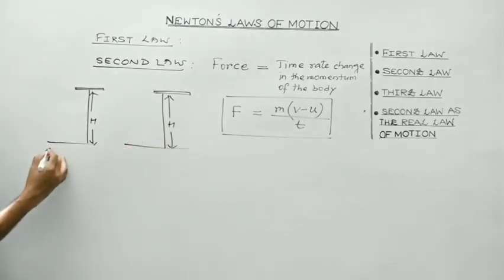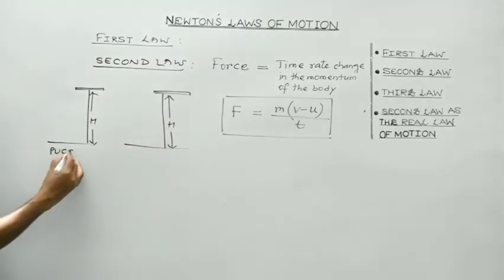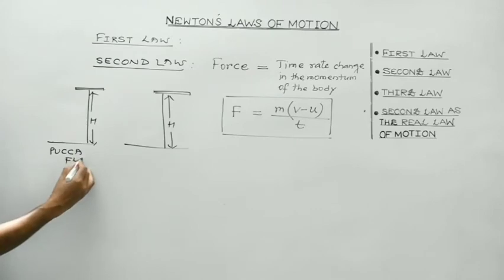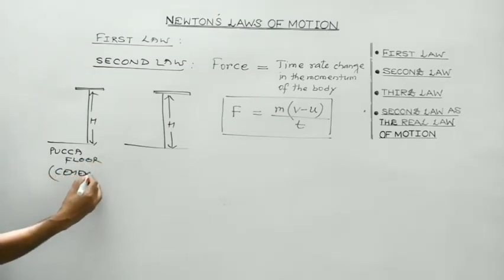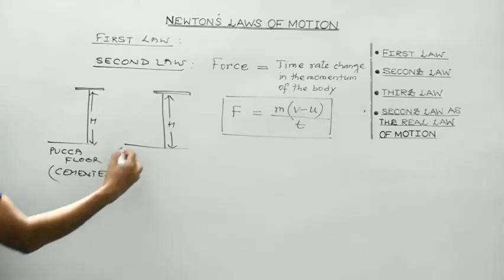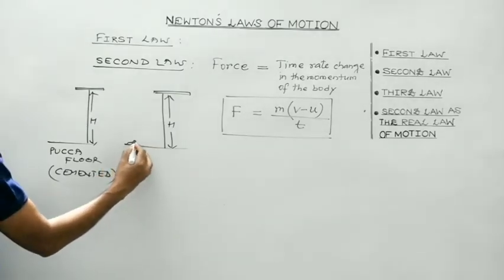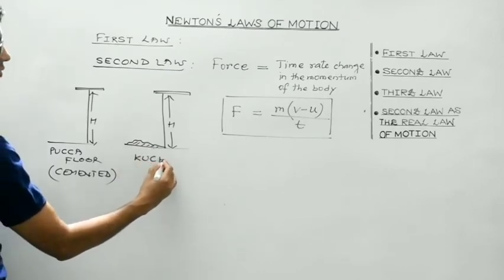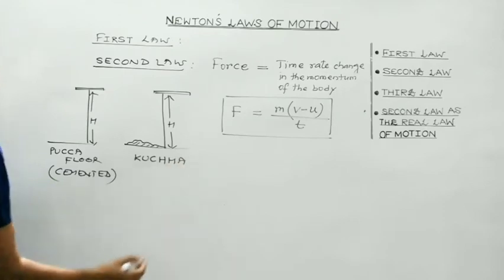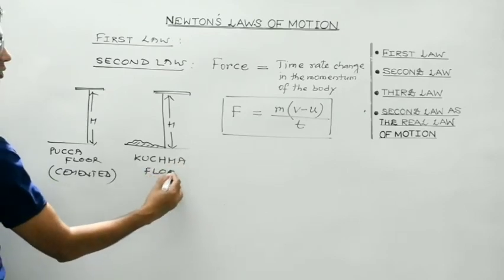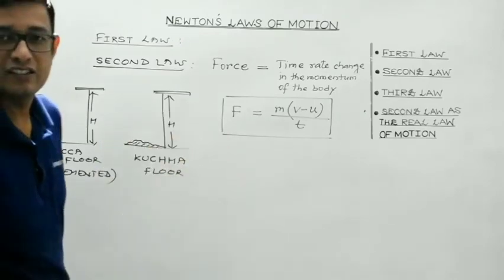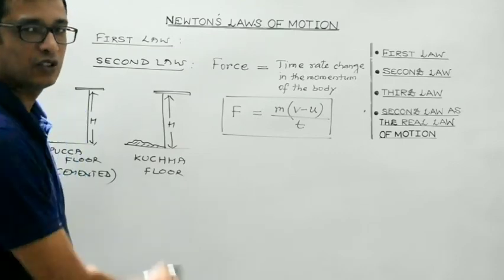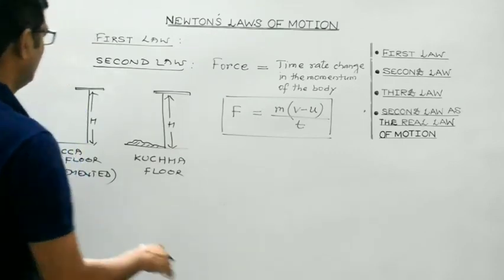This is a pucka floor, which means it is cemented. And this is a kacha floor. Suppose mud or sand is over here. Suppose a heap of sand is placed on the floor, so it will act as a kacha floor.